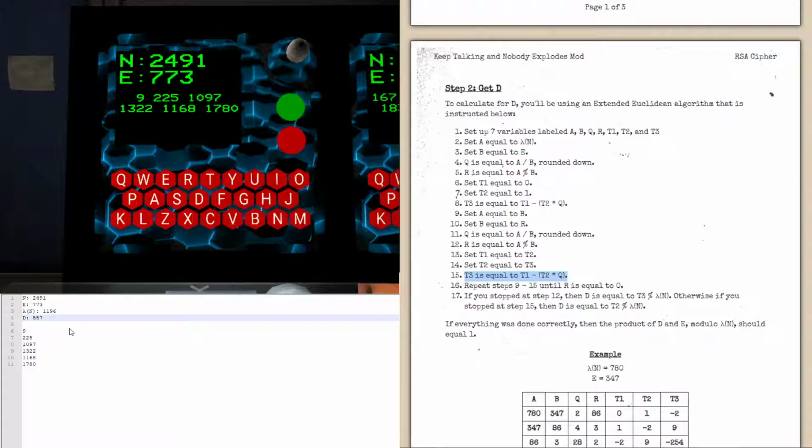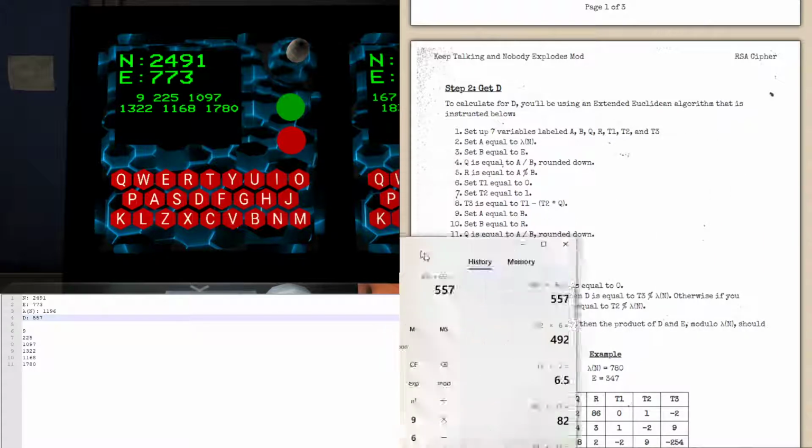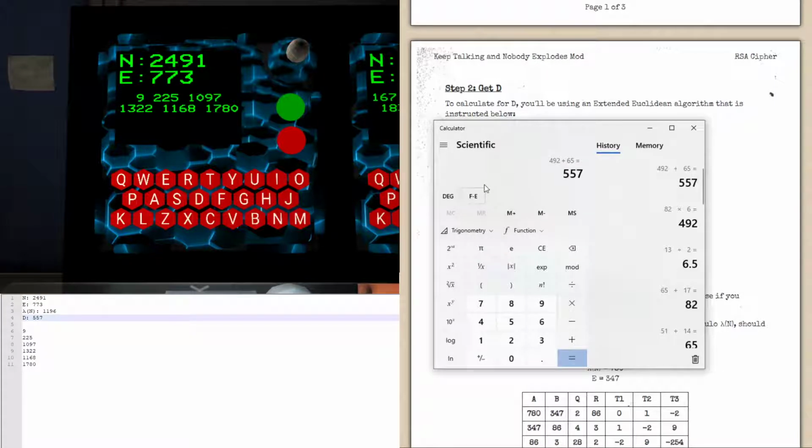Now, one great thing to check if you're actually right at this point, for step 2 at least, is by taking d, which is our 557, and multiplying it by e, 773, and then modulating this by lambda n, 1196. And if you get a result of 1, that means you did step 2 correctly.